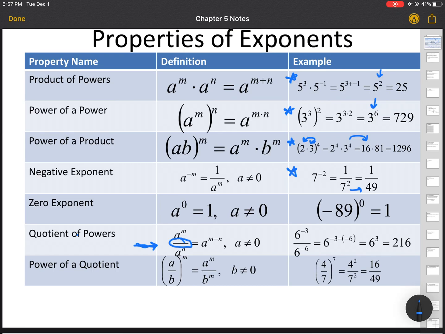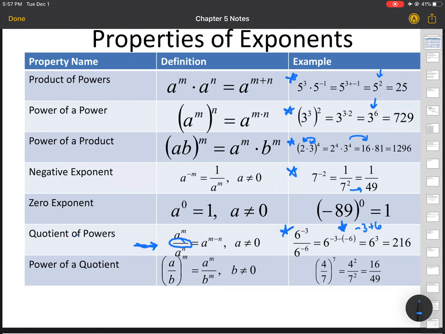So if they have the same base, that's when you're subtracting them if you're dividing. If I have a base of 6 here in this example, I need to do -3 minus -6. That's kind of tricky because I have to change that double negative. So it's saying -3 plus 6. Well, that's just 3, and 6 to the third power, we know that's just 216.